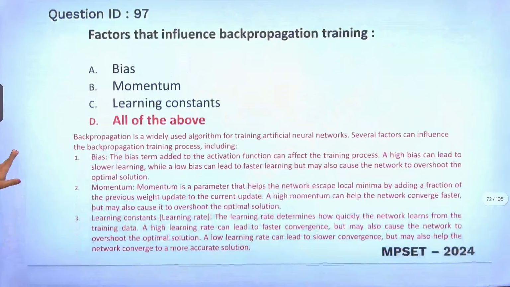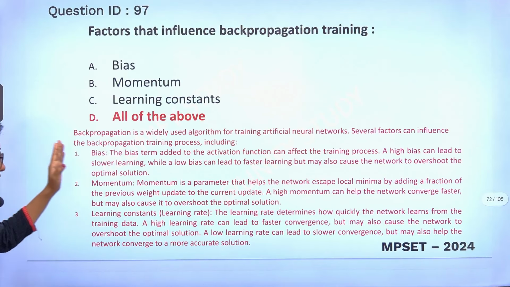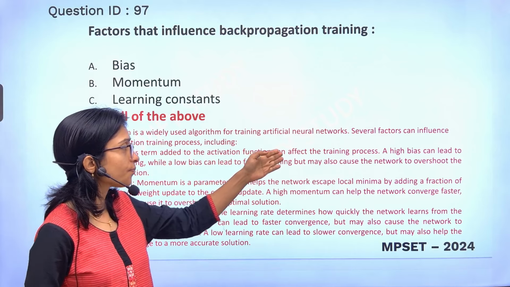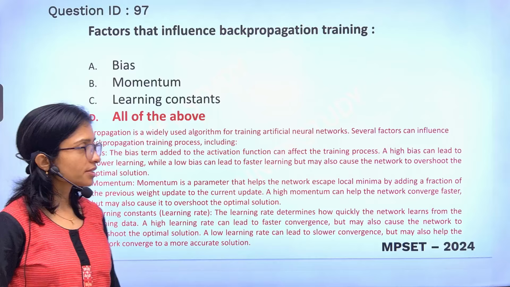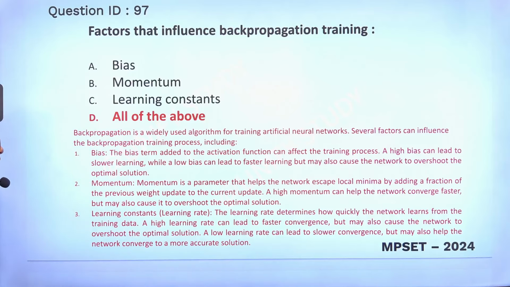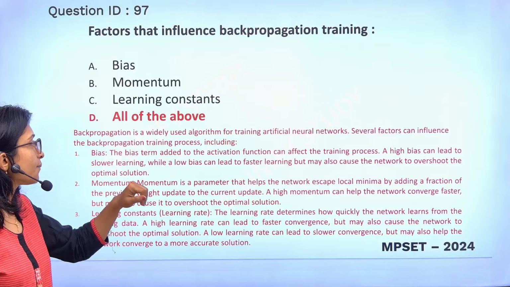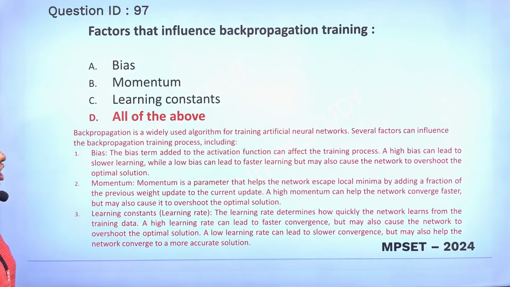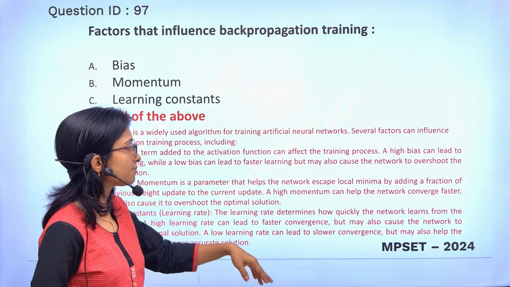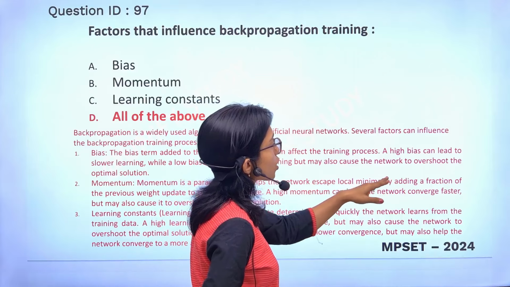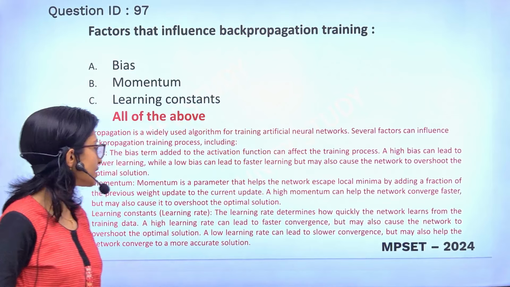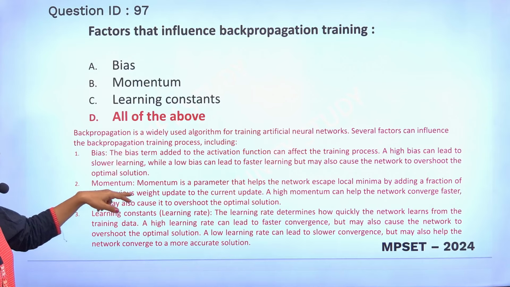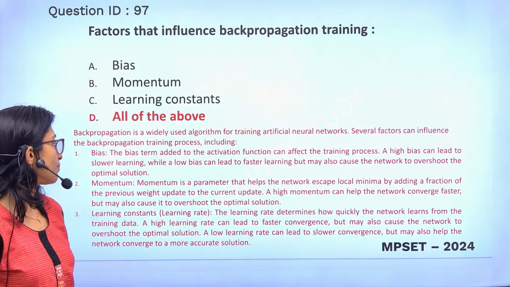Here, all of the above. Bias means the bias terms added for the activation function can affect the training process. High bias can lead to slower learning, while low bias can lead to faster learning, but may cause the network to overshoot. Momentum is the parameter that helps the network escape local minima by adding a fraction of the previous weight update to the current update.